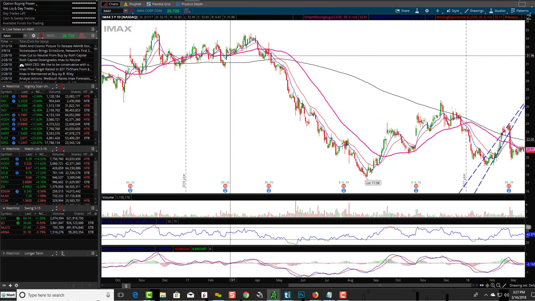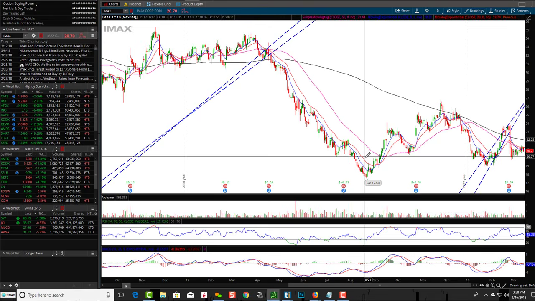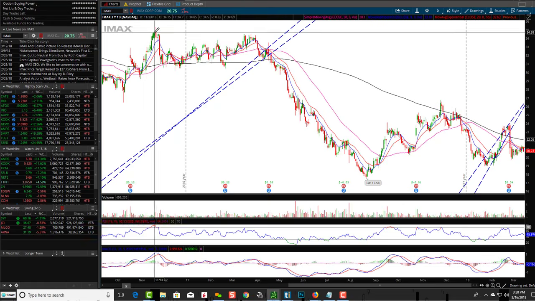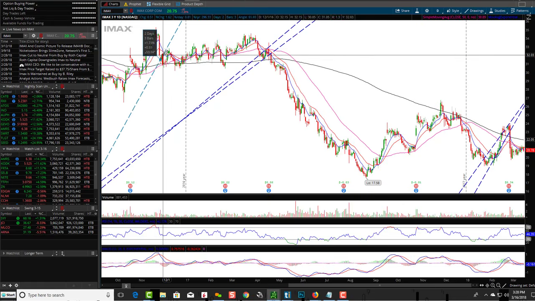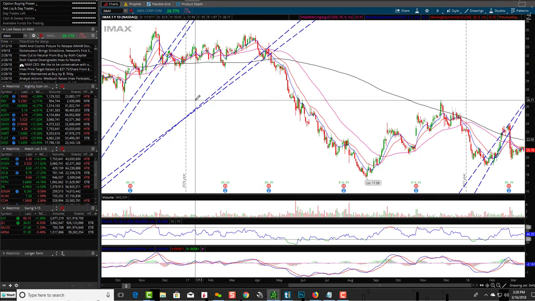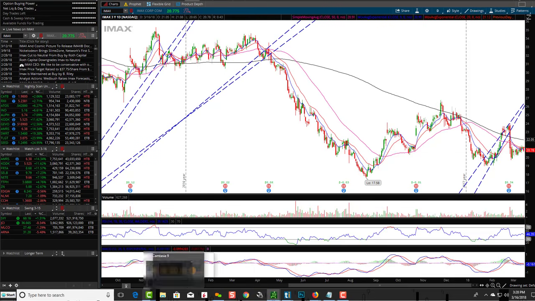Up here, upside down U, handle right here, broke down. Up here, big upside down U, kind of a handle area up here, broke down, right? You can see them over and over and over again. So important to learn these patterns and find support and resistance areas.